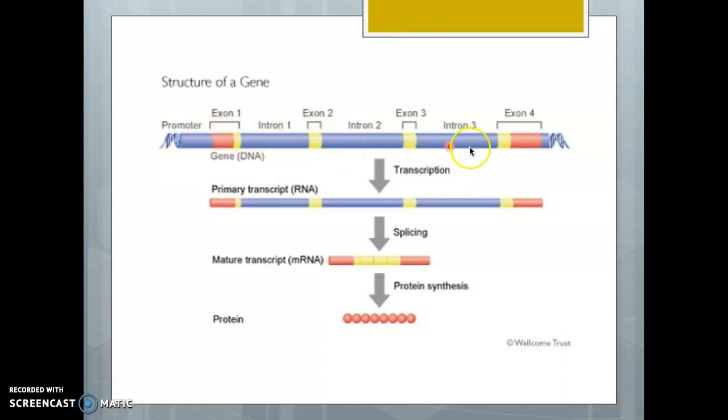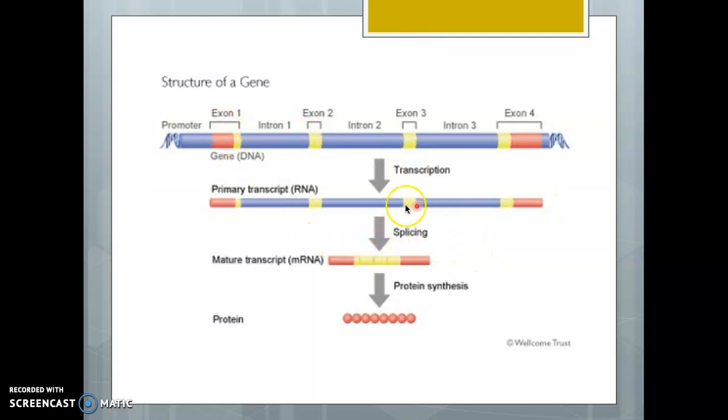This whole gene, this whole transcription unit is going to be transcribed. So your RNA that's produced as a result is going to have, look, red, yellow, blue, yellow, blue, yellow, blue, yellow, red. It's the same as the DNA.